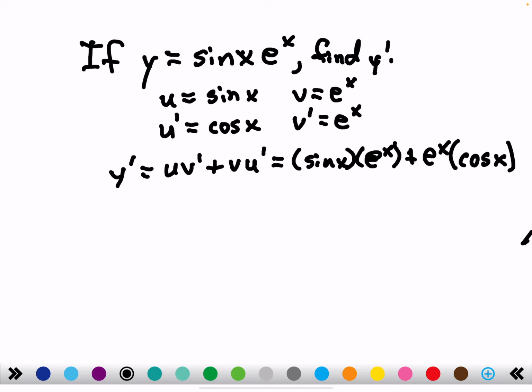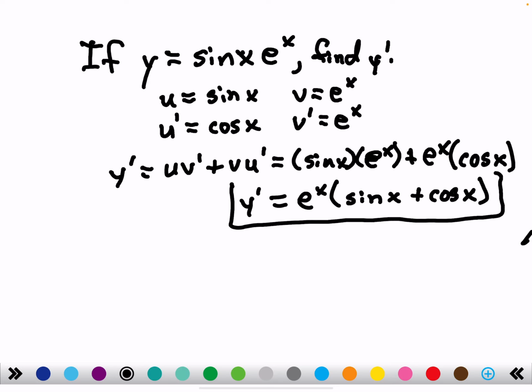You can factor out a common factor of e to the x, and that becomes e to the x times the quantity in parentheses, sine x plus cosine x. And that is the answer to this first problem.